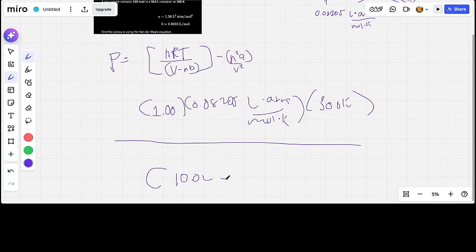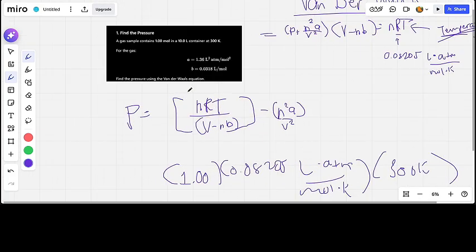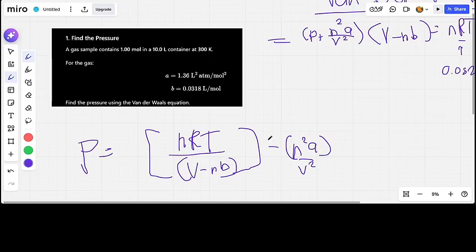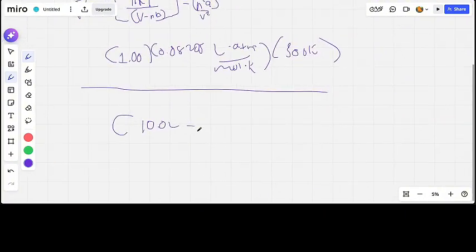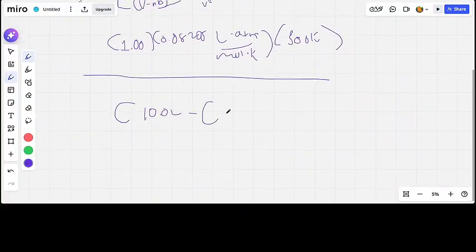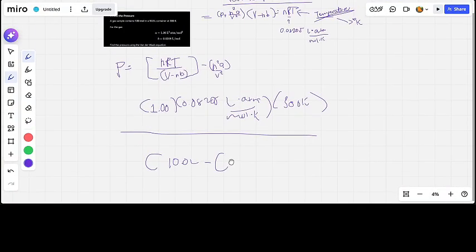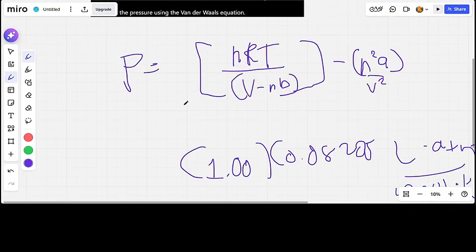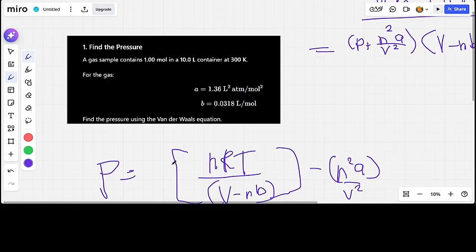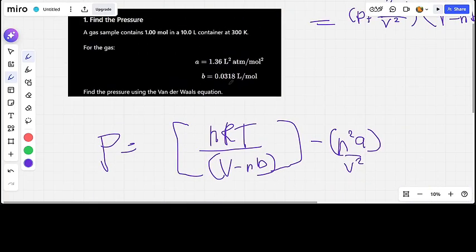Minus nb. So V minus nb, which is, I believe, using 0.0318.